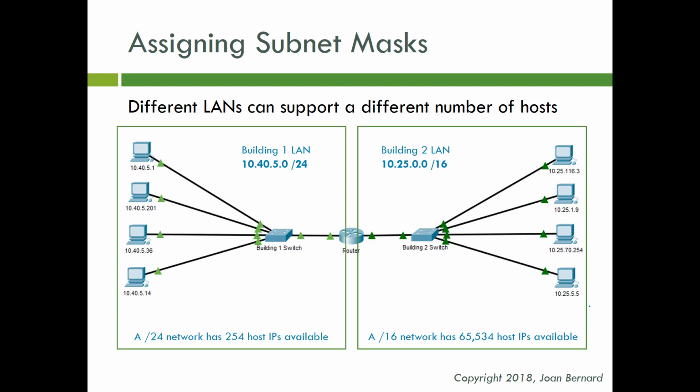If you look at the PCs in Building 1, you will see that they have been assigned IP addresses within 10.40.5.0/24. If you look at the PCs in the Building 2 LAN, you will see that they have been assigned IPs within the 10.25.0.0/16 network.